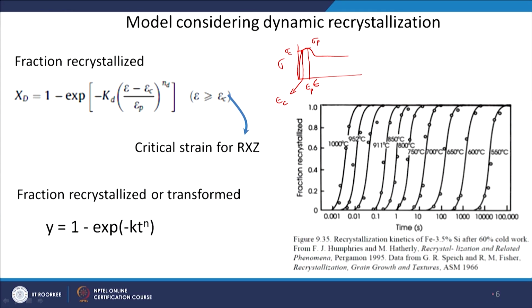If you see the recrystallization process, this equation has come from the Avrami equation, where it has a typical S shape of curve, and this type of curve you will see in a large number of processes, not only metallurgical processes, for example, growth of bacteria.